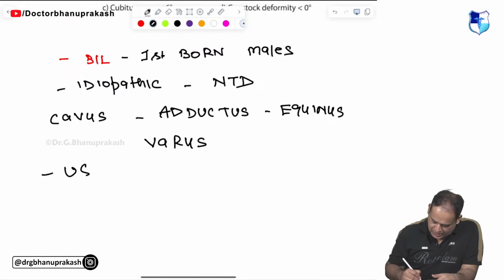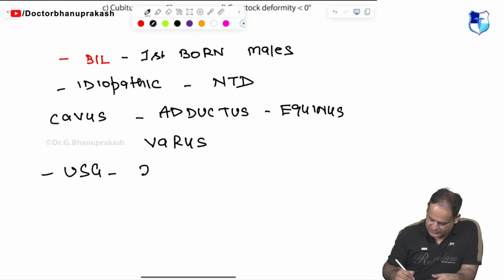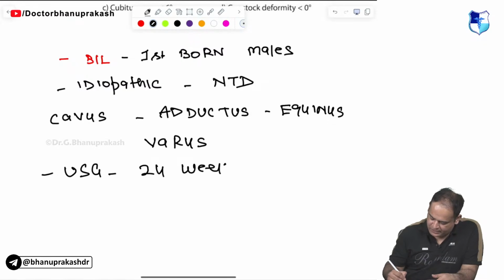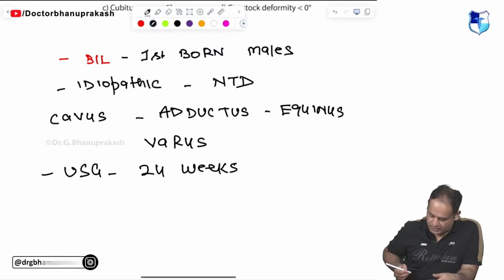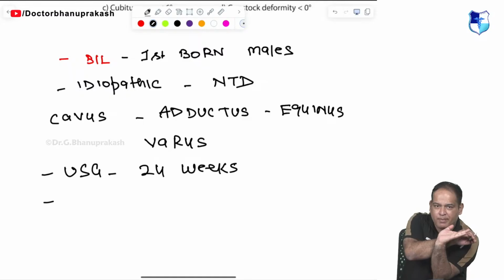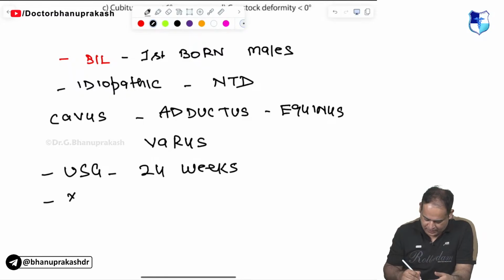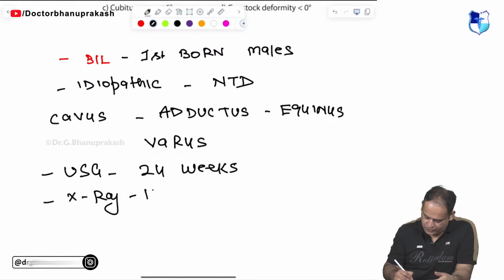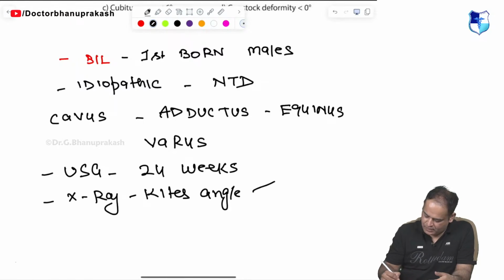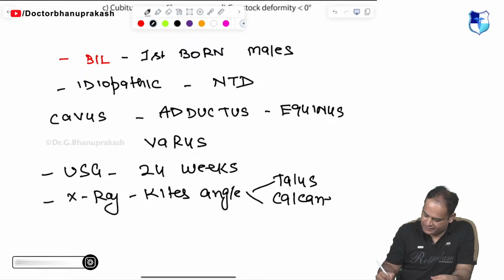Now, how do you make the diagnosis? Ultrasound at 24 weeks of pregnancy, right? At birth, inability to approximate. X-ray, what do you get to see? Kite's angle, which is between talus and calcaneum.